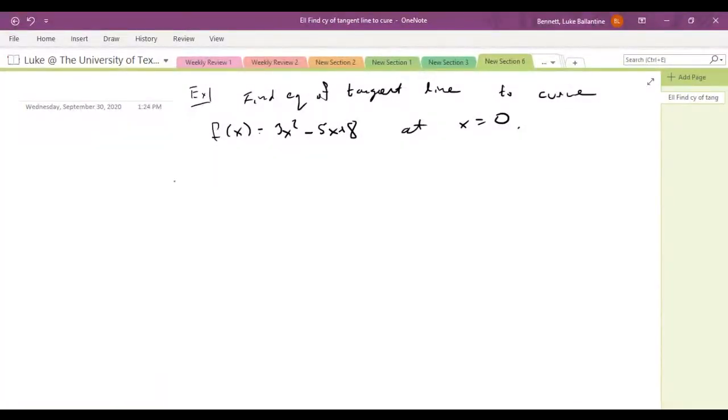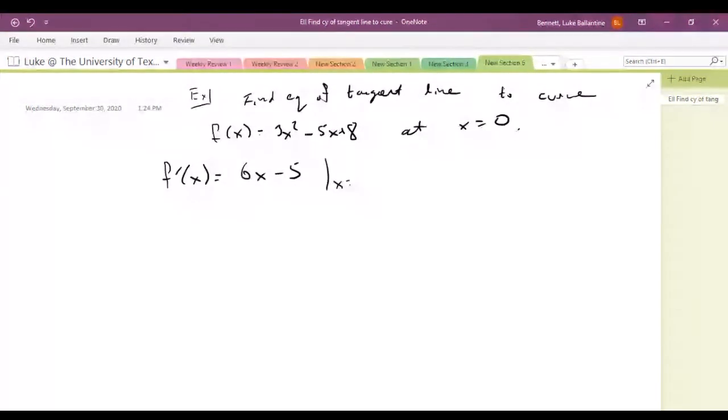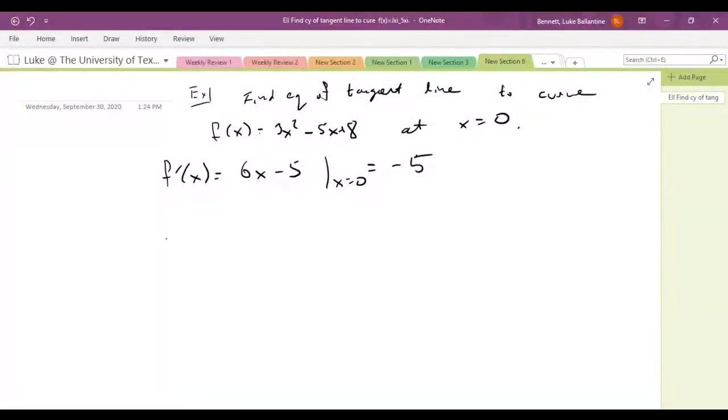What do we do? We take the derivative, f prime of x. We get 6x minus 5. Evaluate this at x equals 0. We get negative 5. And then we have our point slope form. Our point slope form is y minus y1 is equal to m times x minus x1.